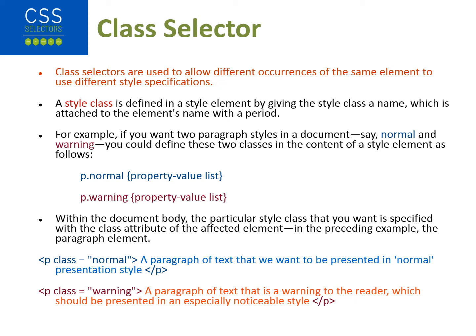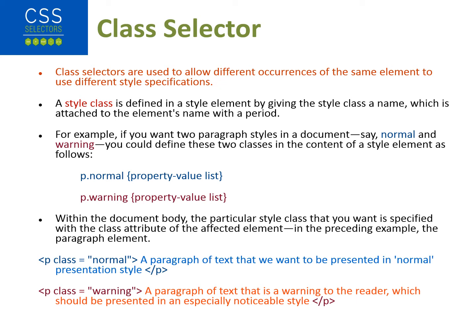For that we define the paragraph style specification as two style classes. One class is termed normal and another class is termed warning. So P dot normal, then a property value list. Then P dot warning, a property value list.